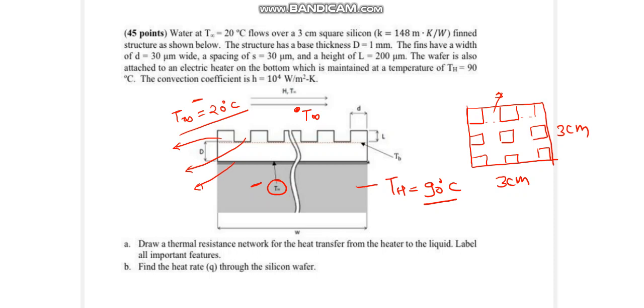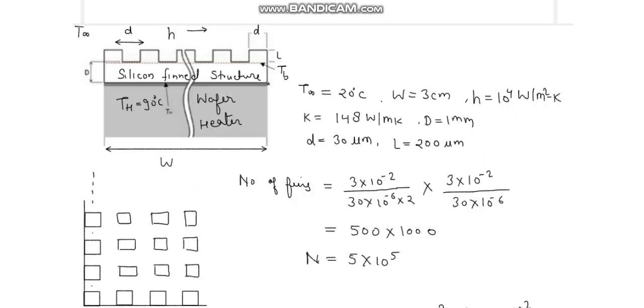We can determine the number of fins by this method: along this length, how many squares can be placed. The number of fins in a single row, this length is 3 times 10 raised to power minus 2 meter, and this is also 3 times 10 raised to power minus 2 meter.